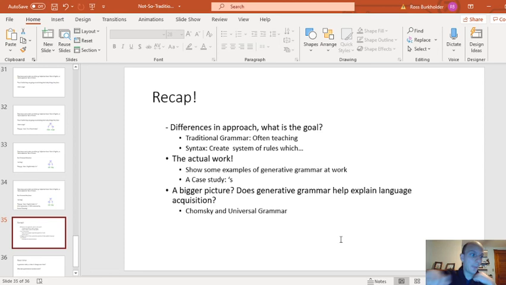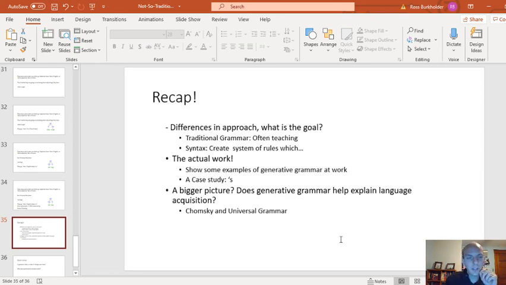And yeah, we followed this up with looking at some of the actual work. What does syntax actually look like? I showed you a few examples of these rules and trees. Again, please don't memorize or try and parse those apart. And then I gave you a somewhat laborious example of apostrophe S, which hopefully at the end had a bit of an aha moment, insights into our own language that we can get through this style of syntactic study.